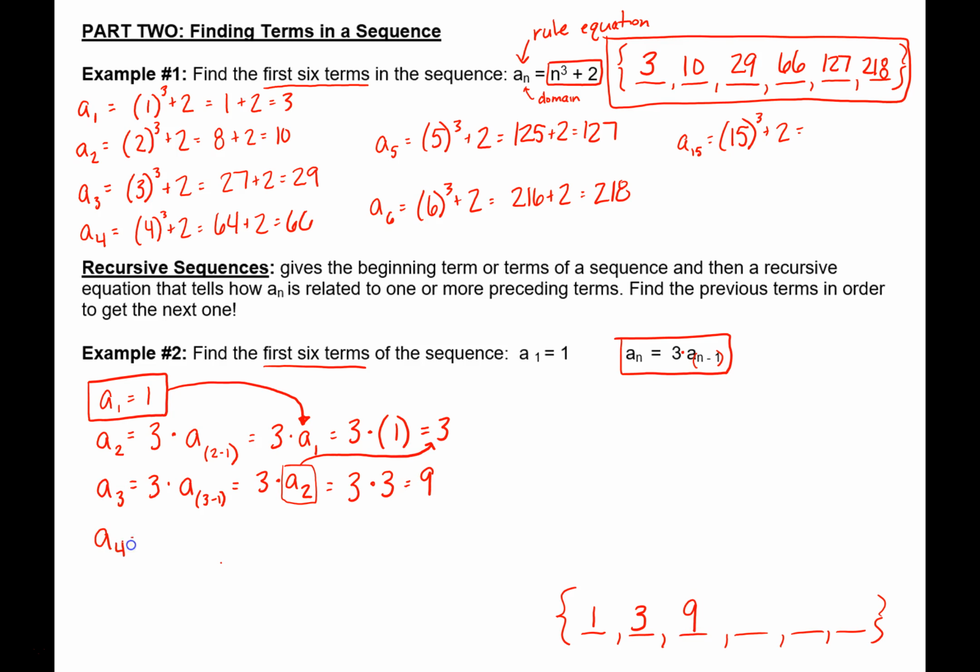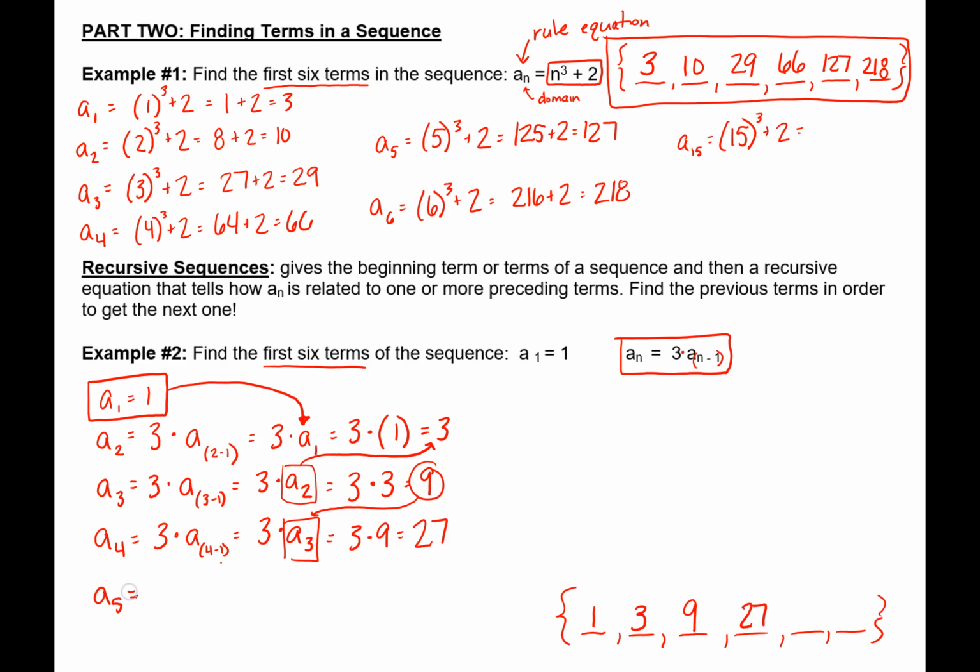To find a sub 4, I'm doing 3 times a sub 4 minus 1, which is 3 times a sub 3. I just found the third number in the list. It's 9. So I'm going to substitute in that 9 because it's telling me to sub in the third number in the list. That means a sub 4, or our fourth number in the list, is 27.